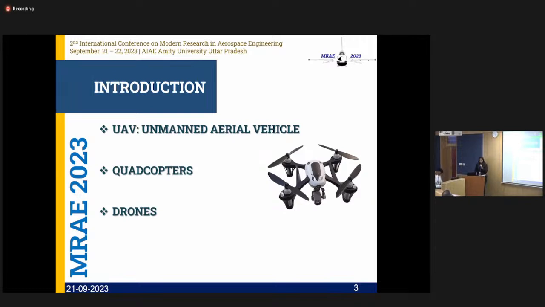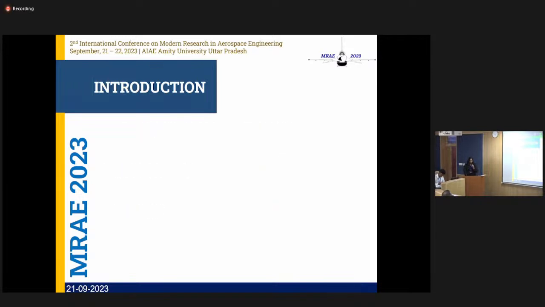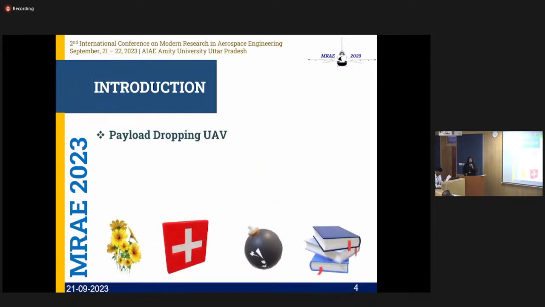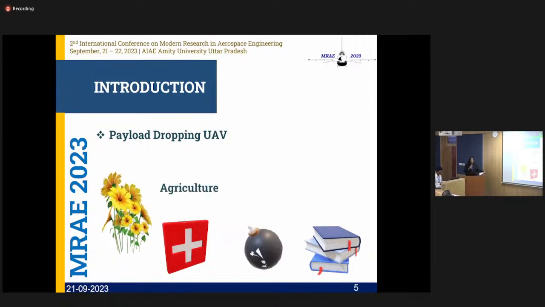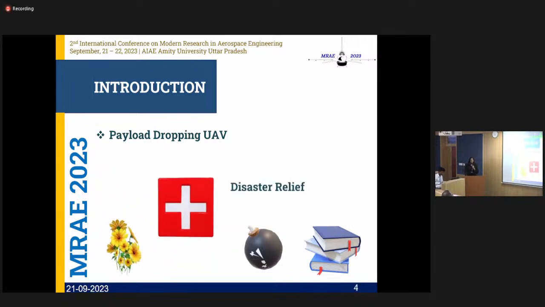So before moving on, let's quickly talk about applications of payload dropping UAVs. First application is agriculture. It is used to spread fertilizers or seeds over the fields. Another application is disaster relief.